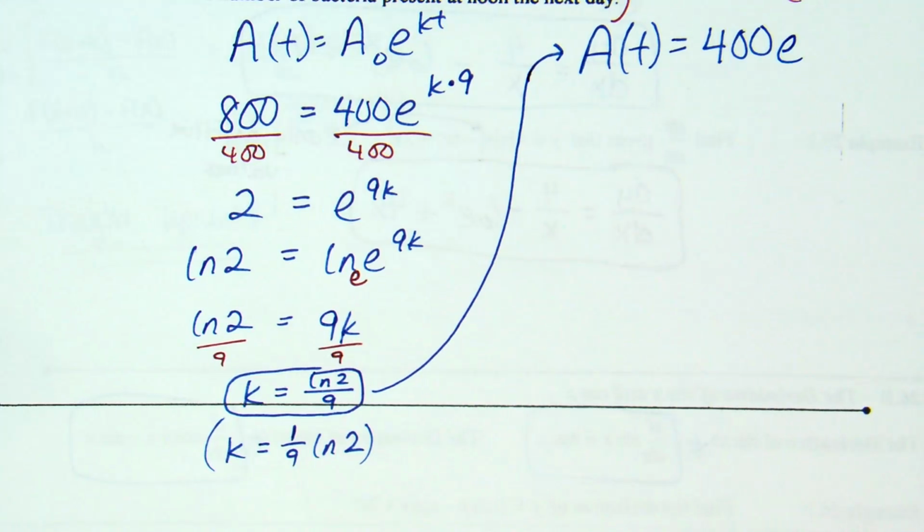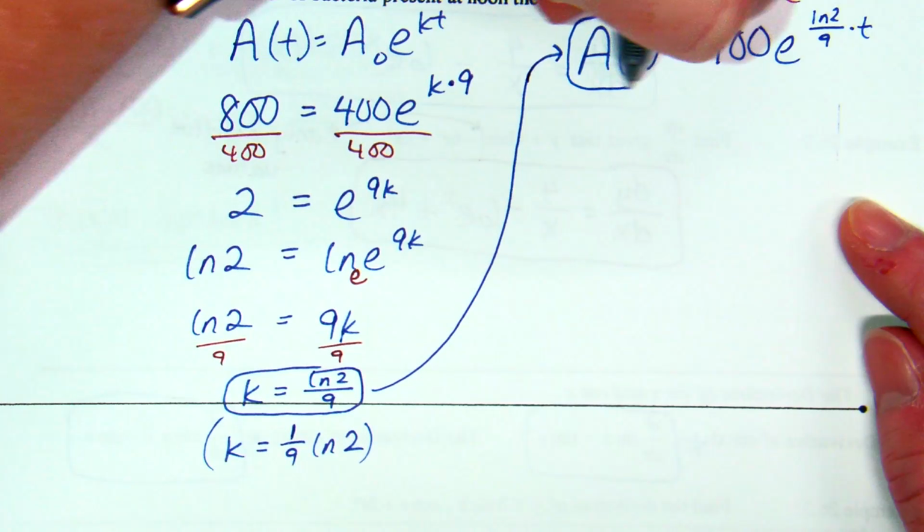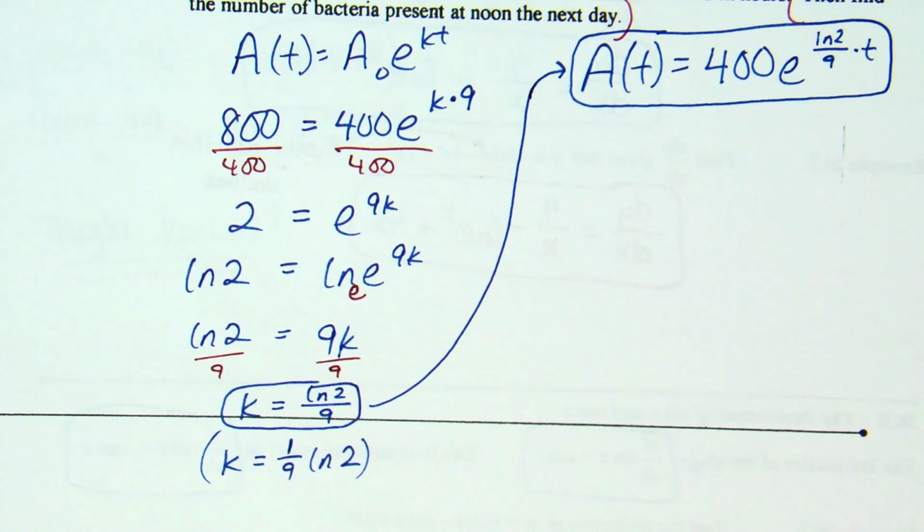Do we know k now? Yeah. I have written natural log of 2 over 9 times t. You could also write it 1/9 natural log of 2 times t. But that is my equation. It is an equation that describes bacteria as a function of time t. Thus, A of t.